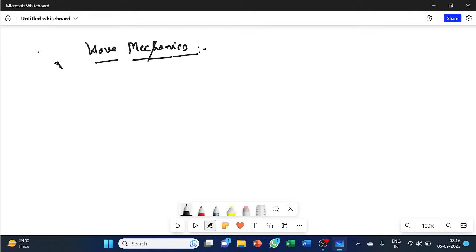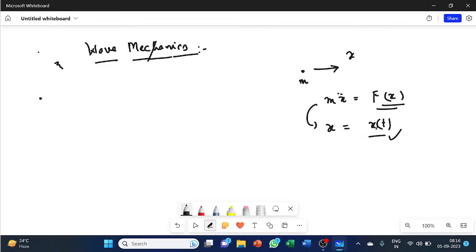Here we will start by directly assuming that we know the wave function. I was telling you initially that if you have a mass m constrained to move on the x-axis, the force it is subjected to can be equated to m x double dot, and that allows me to extract x as a function of time.